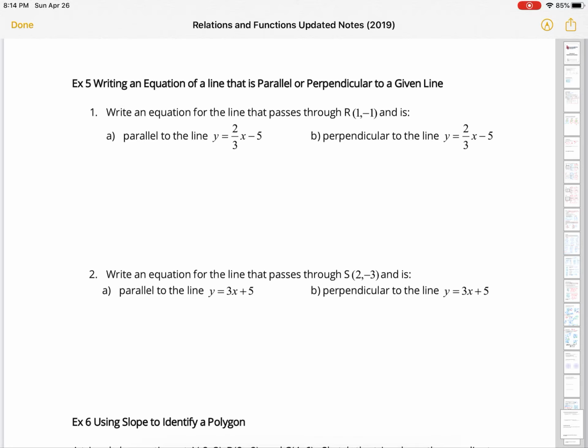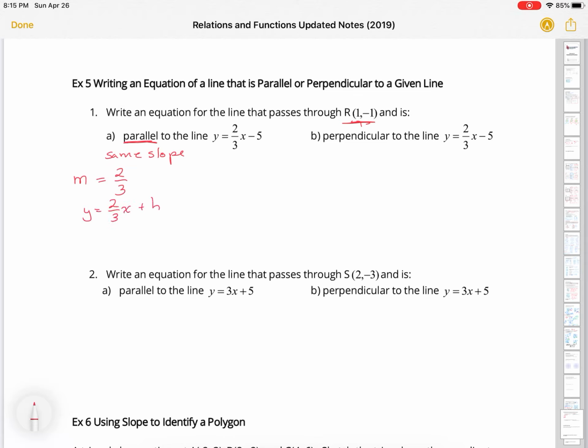And they just have to fit the criteria. So if it is parallel to the line y is equal to 2/3 x minus 5, parallel means the same slope. So our slope for our new line is going to be 2/3, right? And it passes through the point 1 comma negative 1.